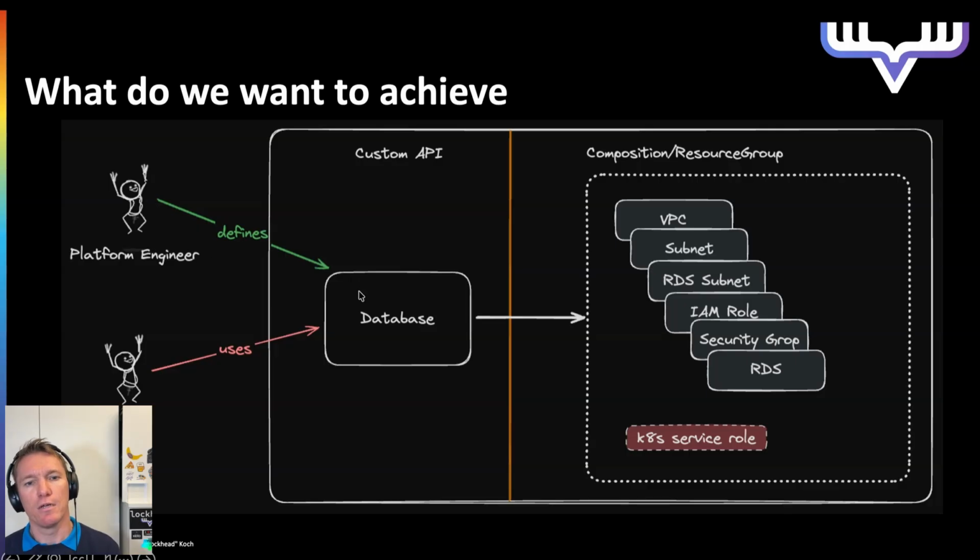Platform engineer defines how this database thing is structured. And both Crossplane V2 and KRO and ACK, or KRO and ASO, the combination of those allow us to define this boundary, right? So to make it simpler for the users to use that portion of it.